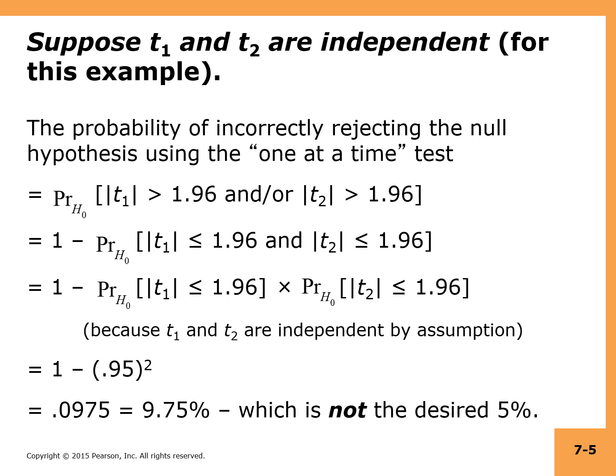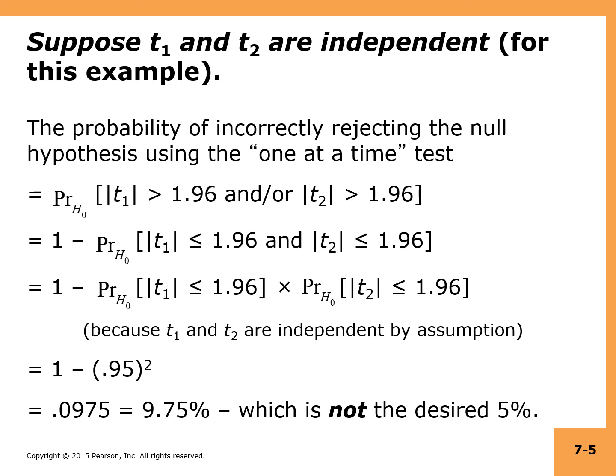Let's calculate the probability of incorrectly rejecting the null when the null is true, using this one-at-a-time approach. Let's also suppose that the first and the second test statistics are independent.